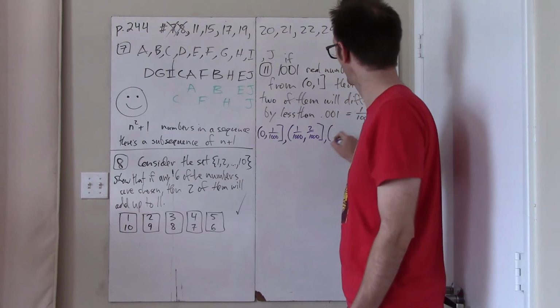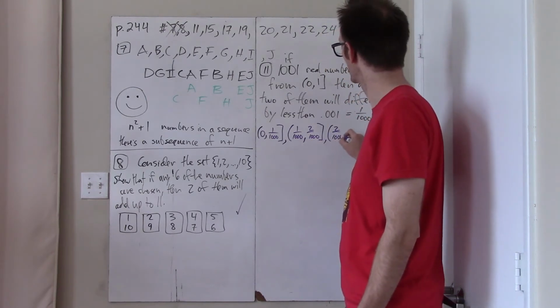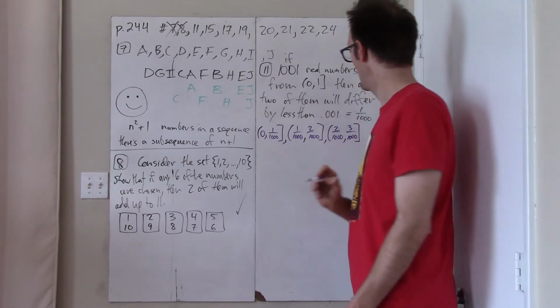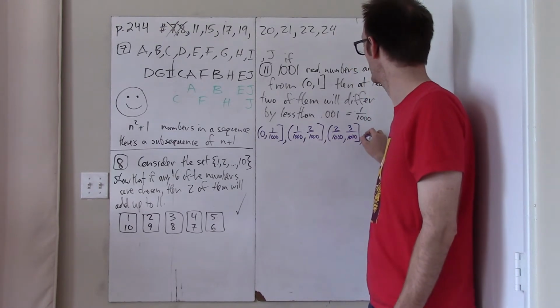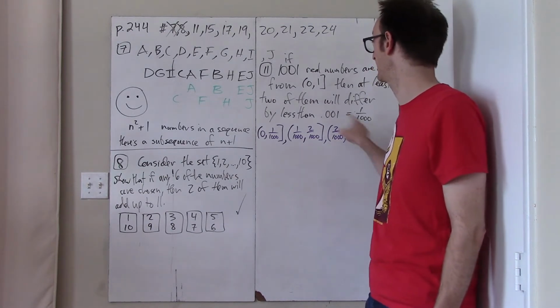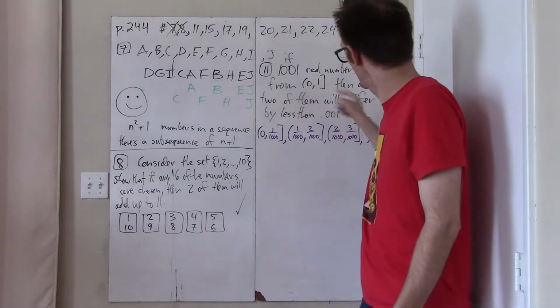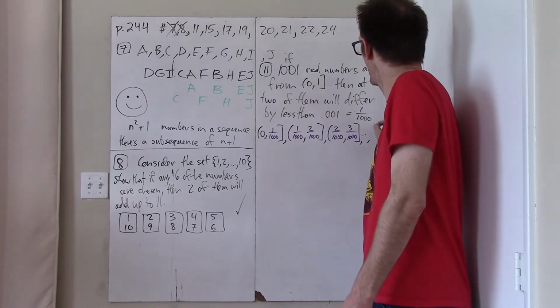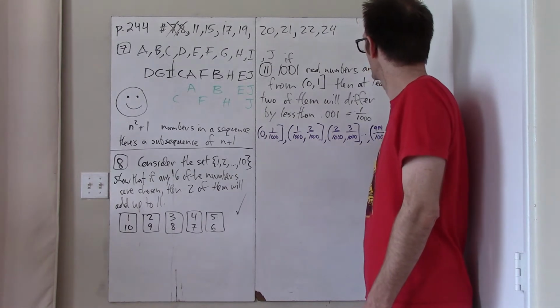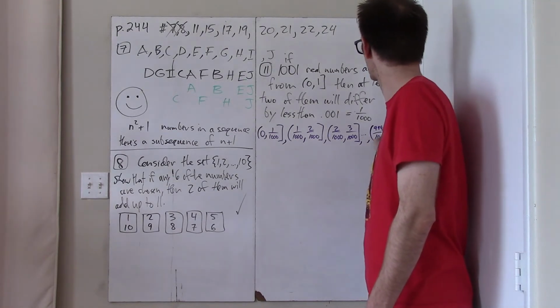And then everything from 2 over 1,000. Man, my board is too small. And then you keep on doing that until you get to the final partition of the interval of real numbers 0, 1, which is going to go from 999 over 1,000 to 1,000 over 1,000, which is just 1.